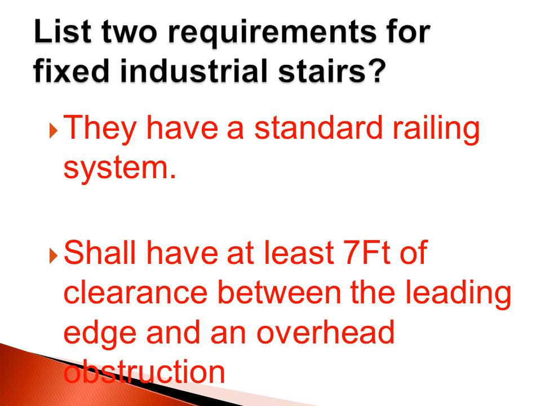The platform is 42 inches at the top, 21 at the mid-rail with a toe board, where the stairway itself, the stair railing can be between 30 and 34 inches. So there's a difference in requirements between where the railing is if somebody's walking up the stairs versus standing at the top of a platform. And you shall have at least 7 feet of clearance between the leading edge and the first overhead obstruction.